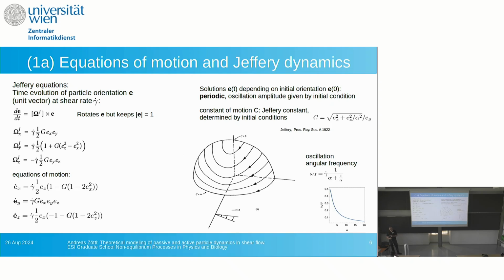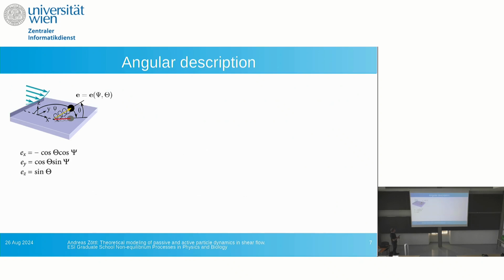Higher orders only play a very small role. It's a bit surprising, but this is why this equation is so successful. Linear shear flow is very specific, but even if it's not linear, if you calculate a local shear rate, then the particle will, to a very good approximation, rotate according to these equations.